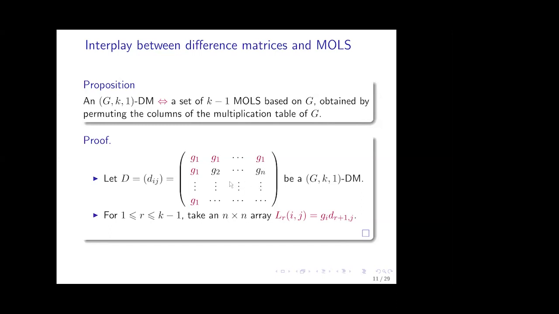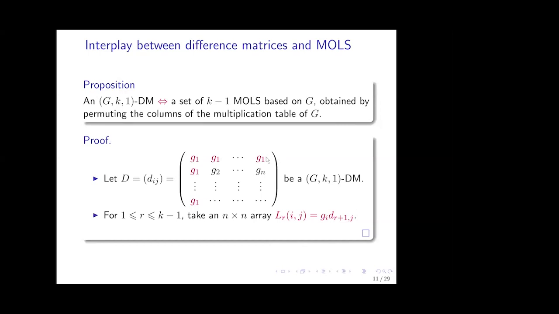Similarly, from the third row of the difference matrix, we can form another Latin square, and so on. And finally, we need to check that all of the Latin squares are mutually orthogonal. I will omit the mutual orthogonality checking.